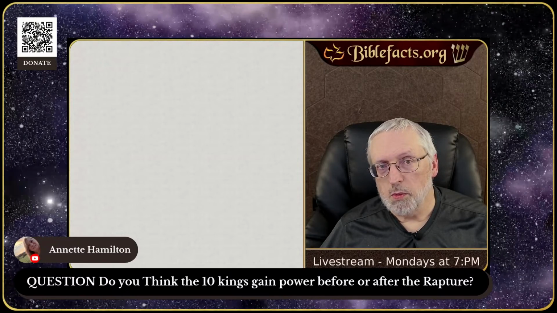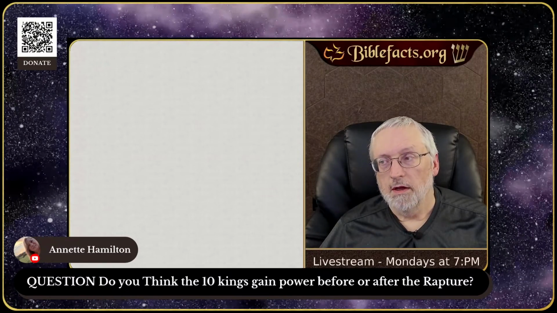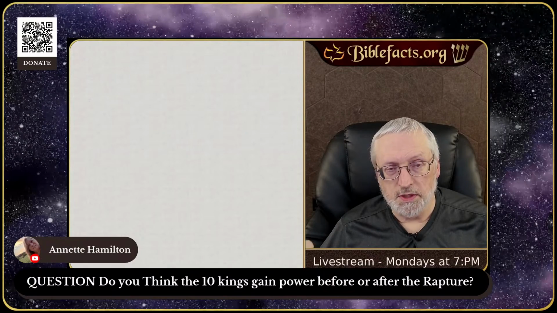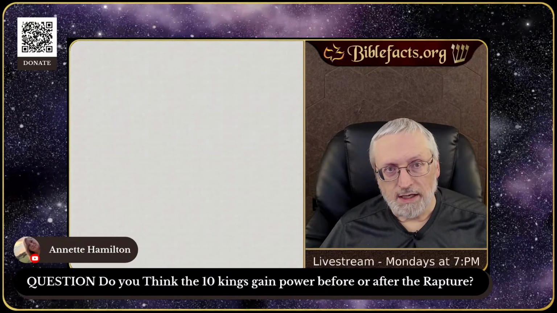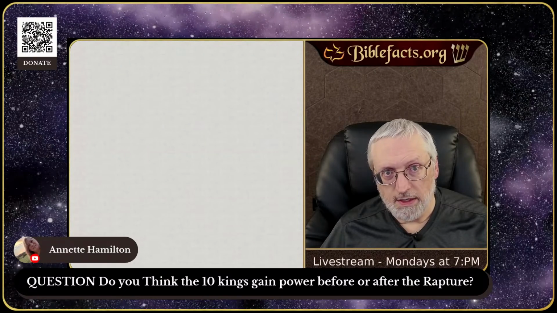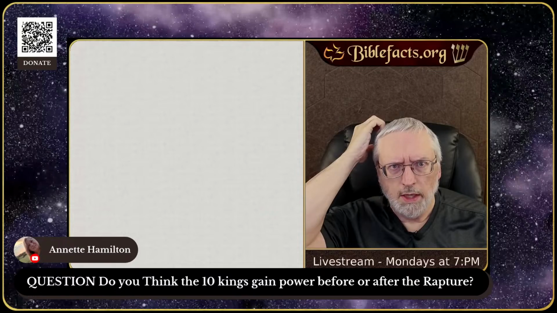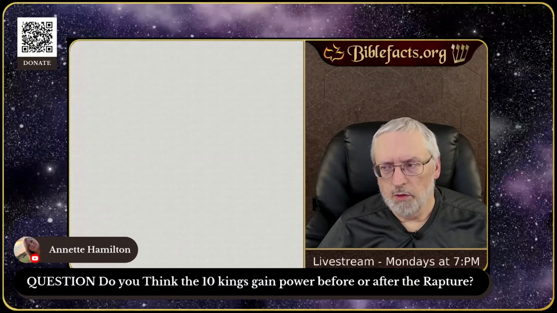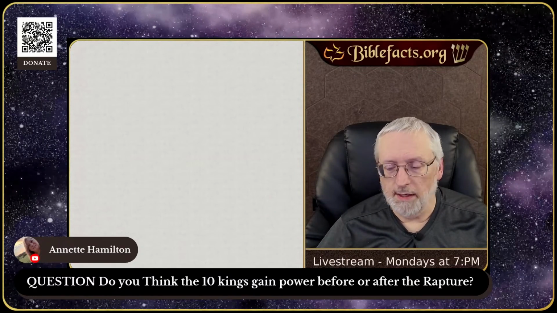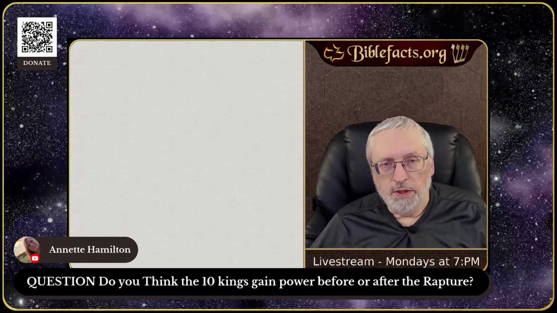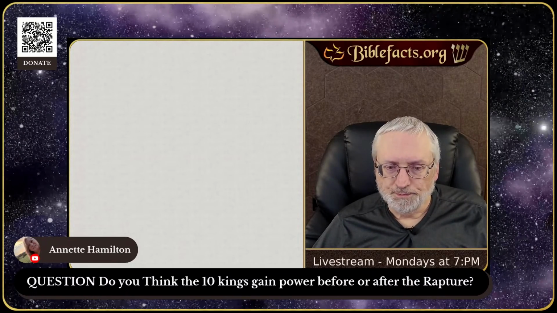So what you want to do is wait till there's 10 nations, and then an 11th one attacks and seems to destroy 3, and that king or one of the rulers of that nation will have a name that equals 666. Maybe there'll be 2 of them, like a joint something, and you'll be able to quickly identify which one is the Antichrist. But those all have to go together.